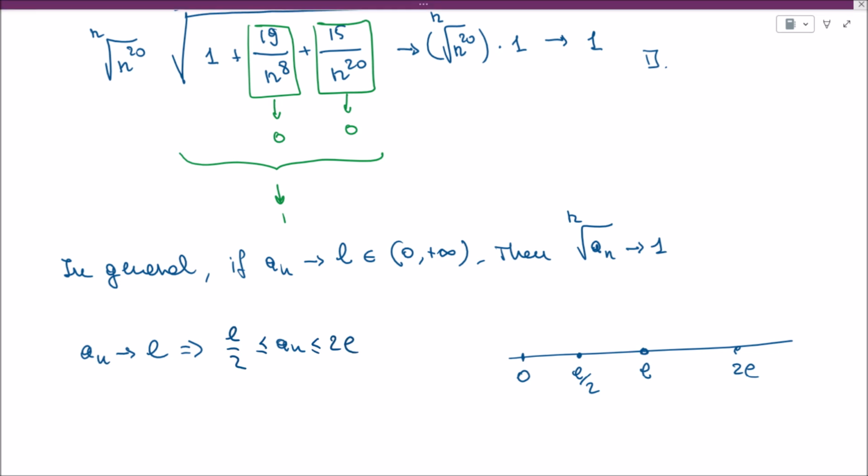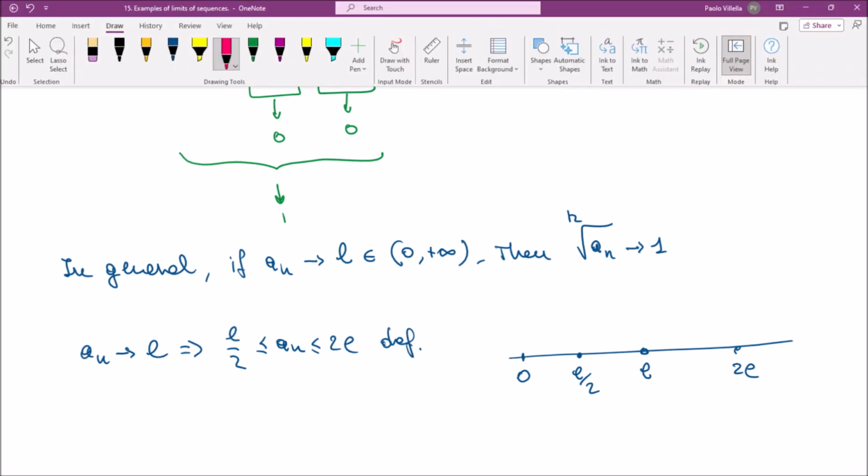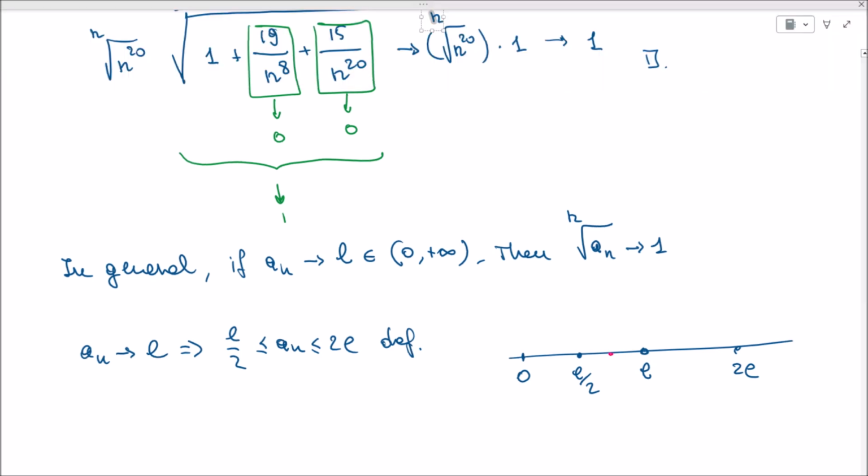So, of course, this is true definitively. After a while we know that an will be in this interval, so an is between L divided by 2 and 2L.